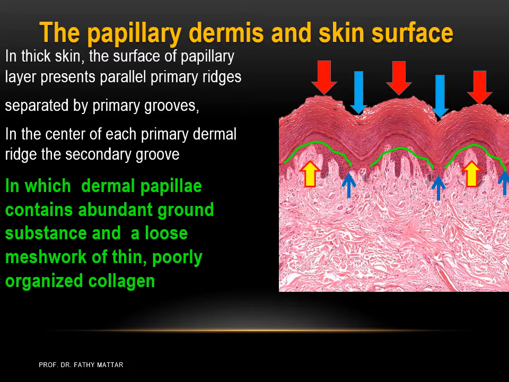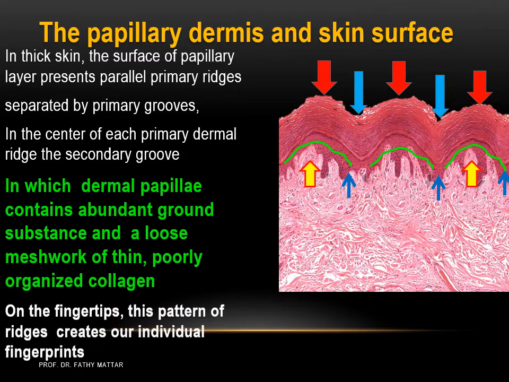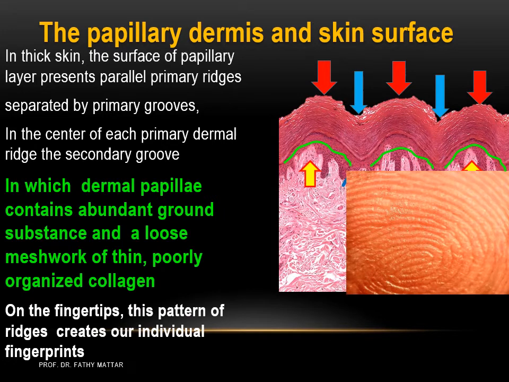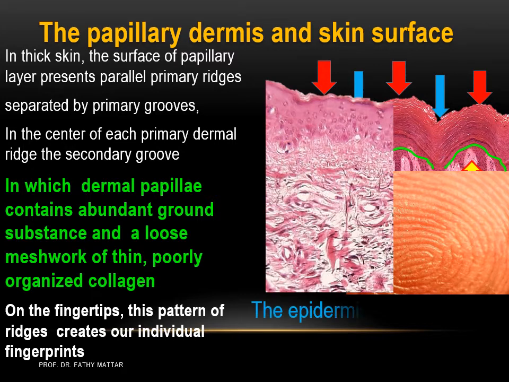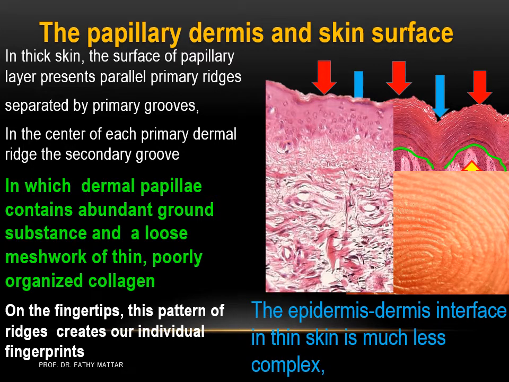This structure is different from one person to another, and the primary ridges and primary grooves appear on the top of the skin of the tip of fingers as the fingerprints. In the thin skin, however, the epidermis-dermis interface is much less complex.